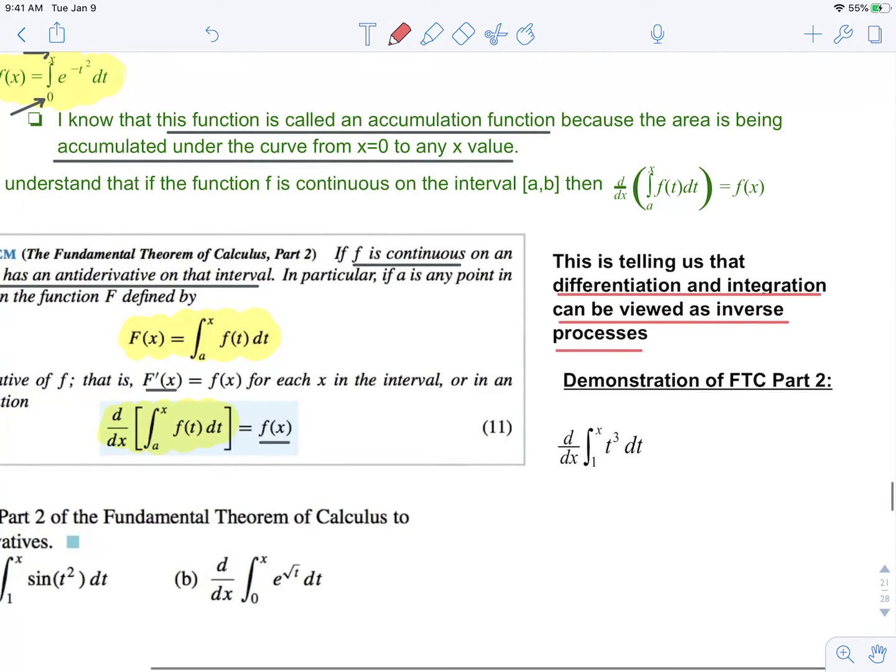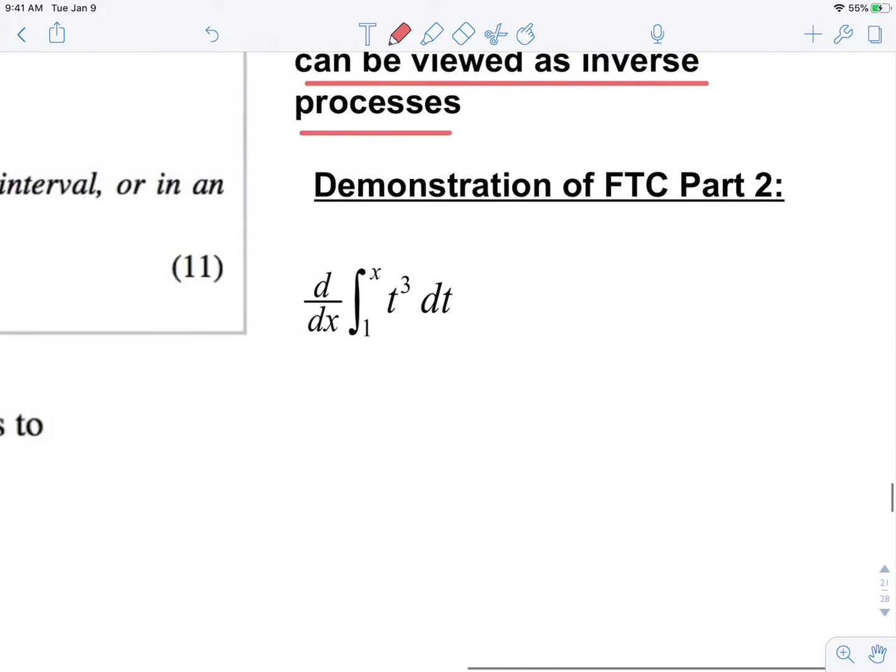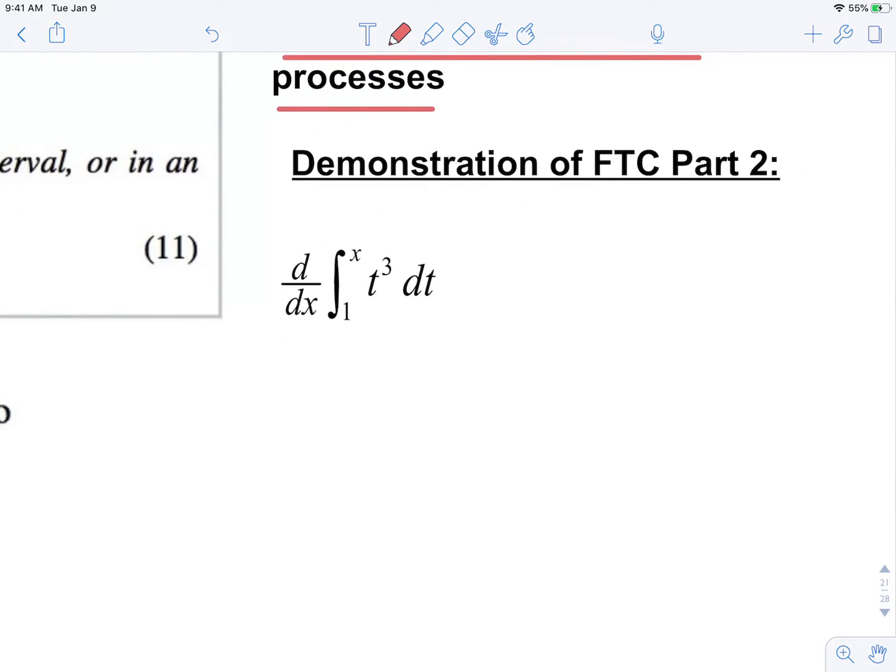Let's say over here on the right, I want to find the derivative of this accumulation function. Let's say we didn't know the fundamental theorem of calculus part 2. The first thing I would do is calculate this antiderivative.